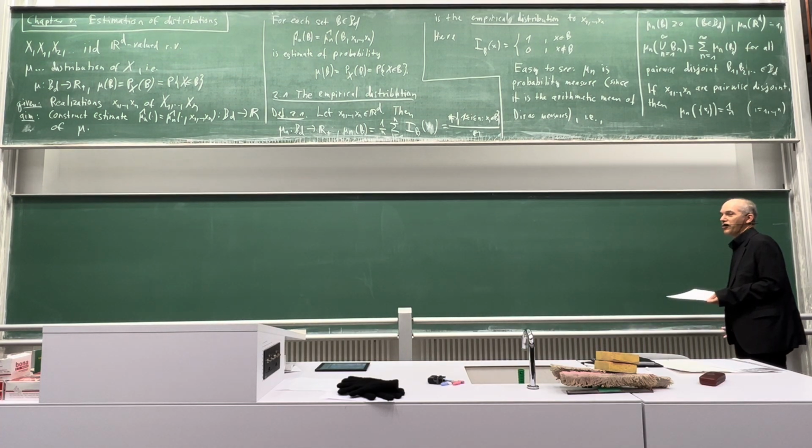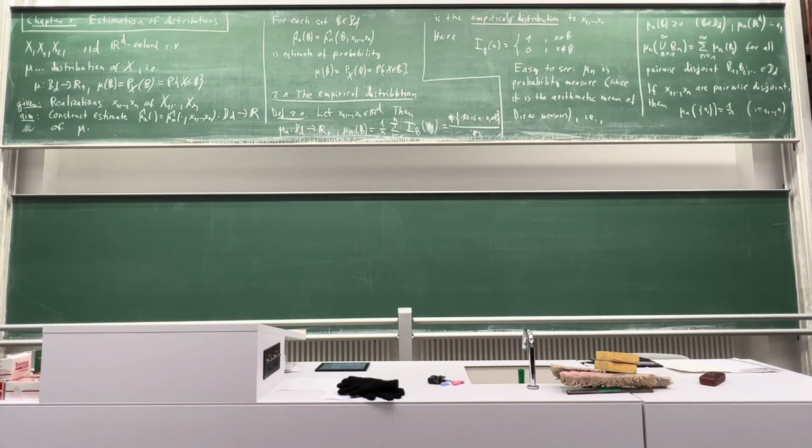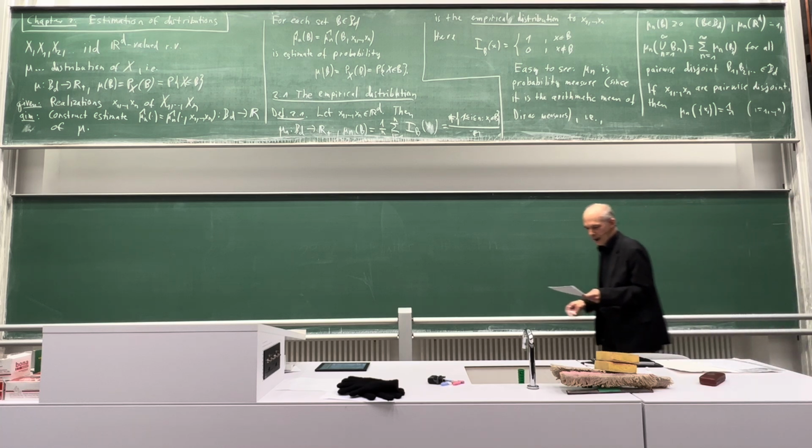Can we say something about the properties? And the simplest thing is to consider just some fixed set B from the Borel sets, and consider mu n of B as an estimate of mu of B, and what happens if n tends to infinity. And then the strong law of large numbers implies mu n of B converges almost surely to mu of B.